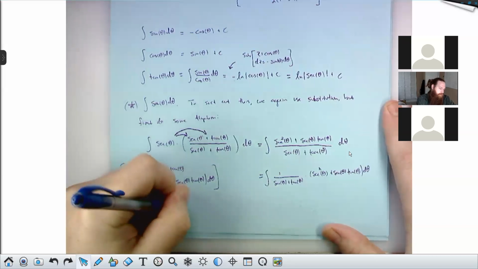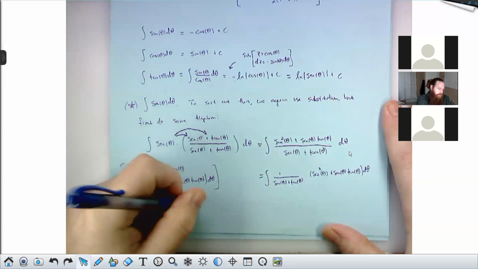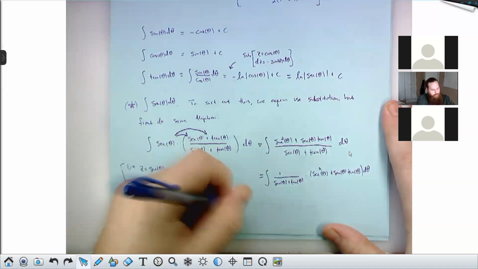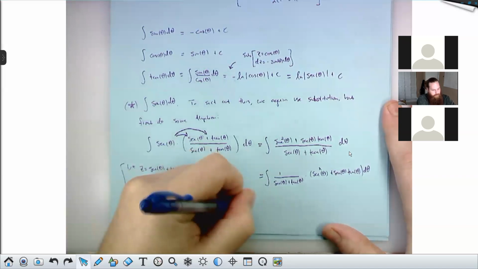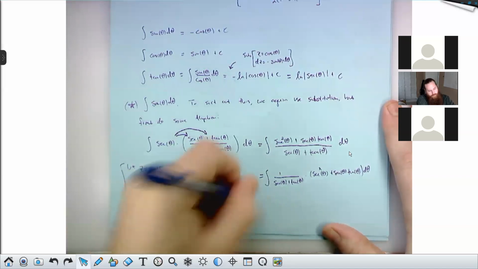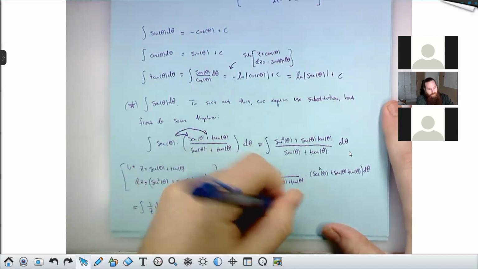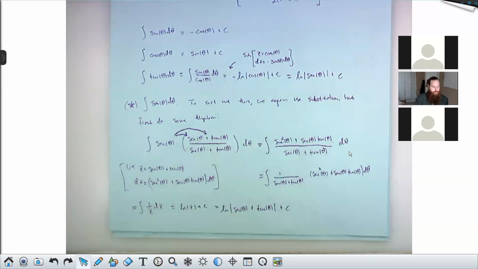Which is the natural log of z plus a constant, which is the natural log of secant theta plus tangent theta. So that's our last prereq. The integral of secant theta, all on its own, is the natural log of secant plus tangent.